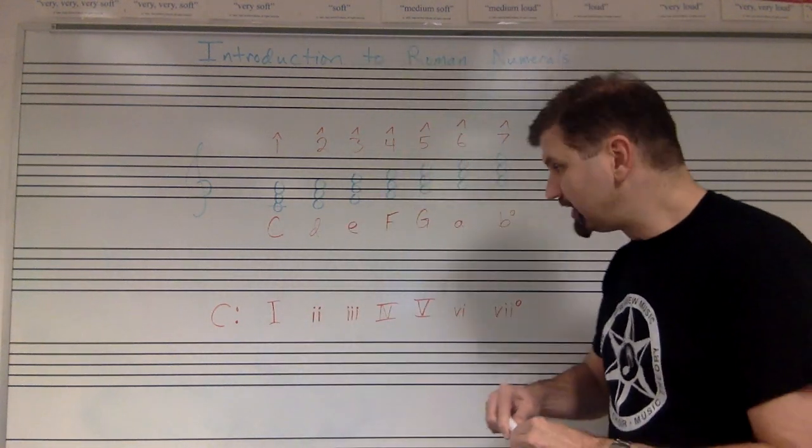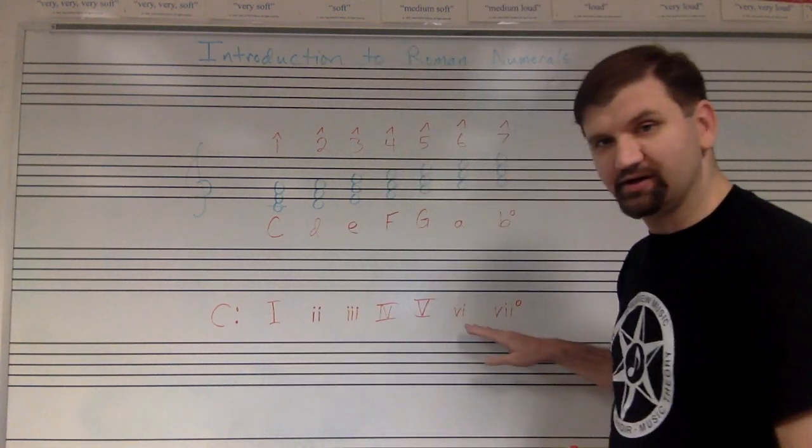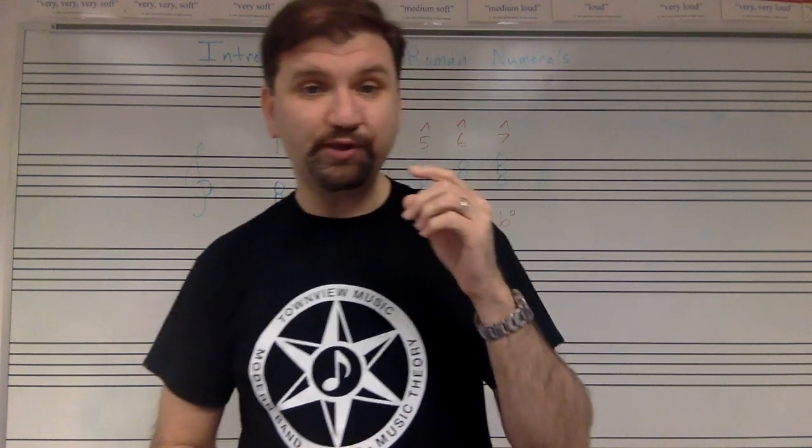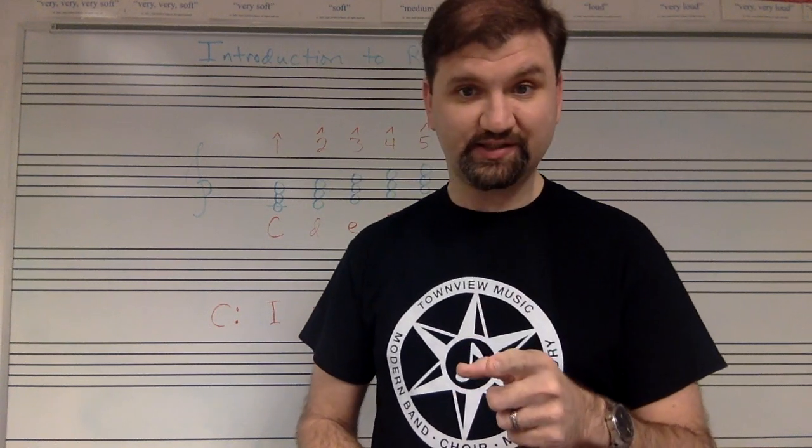If you learn this pattern right here, then you know every chord pattern for every major key by simply knowing what the root of the chord is and what scale degree that is in a given key. You automatically know the quality of the chord.